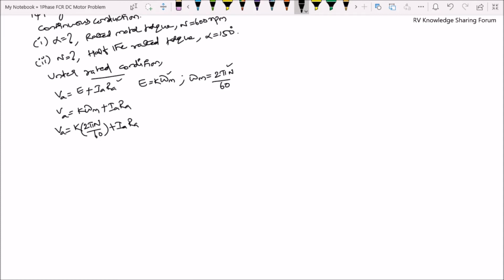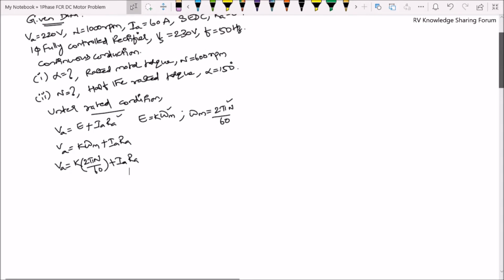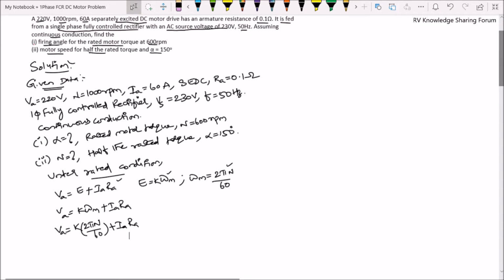So the rated armature voltage, 220 volts in the given data, is equal to K, which we have to find, into 2 pi into the rated speed 1000 divided by 60, plus IA, the rated current of 60 amps, into the armature resistance 0.1.